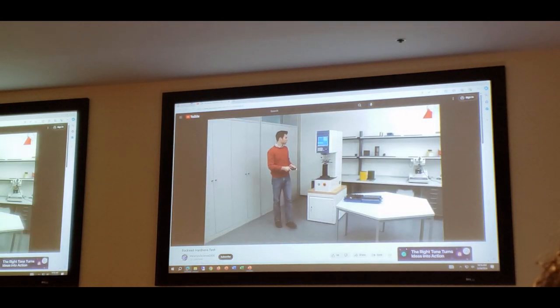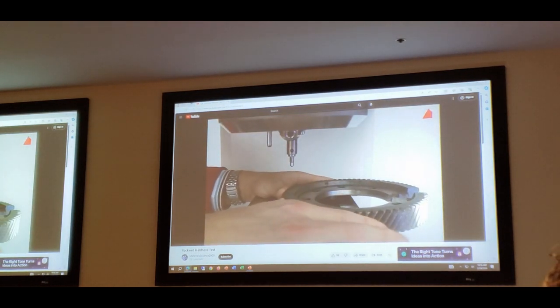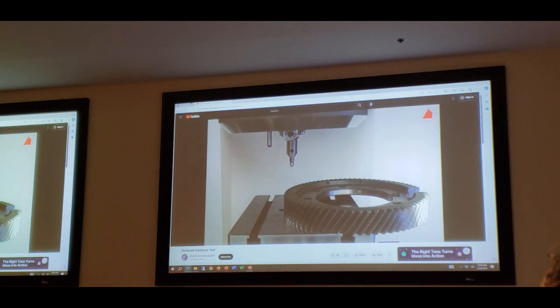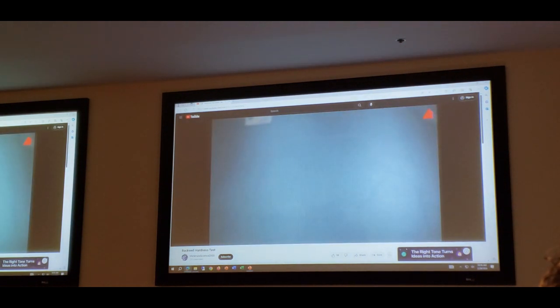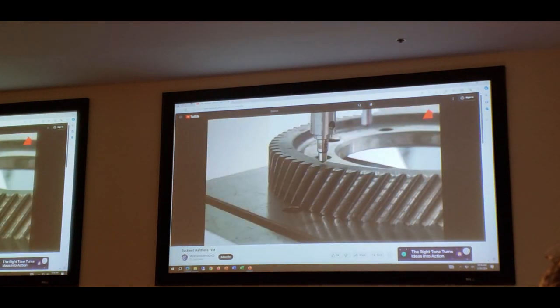Then he picks up the gear wheel and puts it on the support table. After rotating the microscope lens to its vertical position, he can adjust his test piece. As soon as a focused image can be seen on the screen, the surface of the test piece is at the correct height. The test can start.